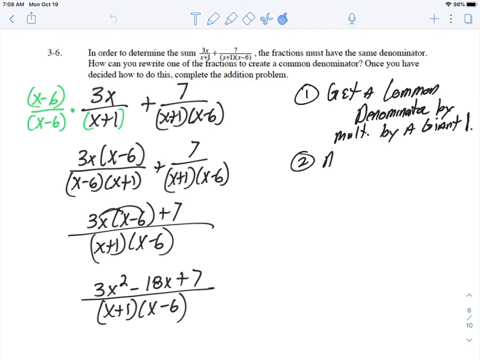Step 2, add or subtract your numerators, keeping the common denominator.